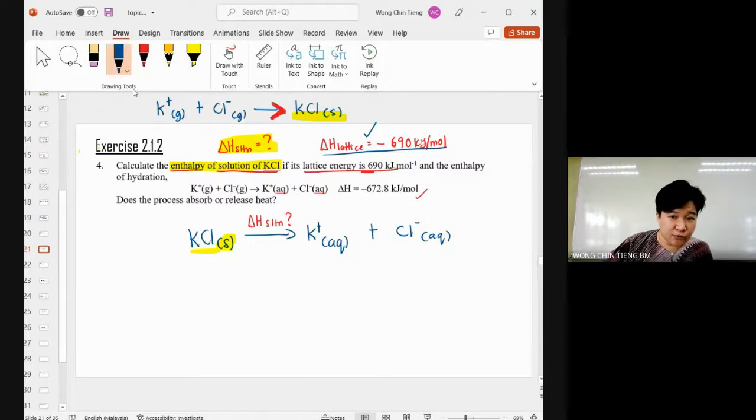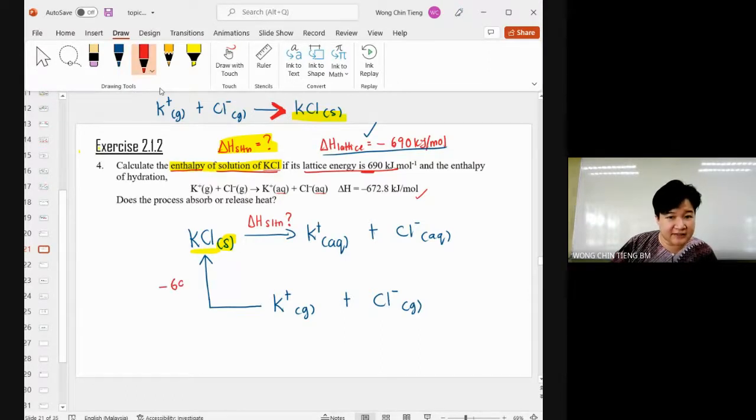Okay? So my arrow is towards KCl solid. Nampak? Agree setakat ni? So KCl solid untuk lattice adalah daripada K plus gas tambah dengan Cl minus gas. And then the value saya dah ada, negative 690 kilojoule per mole.